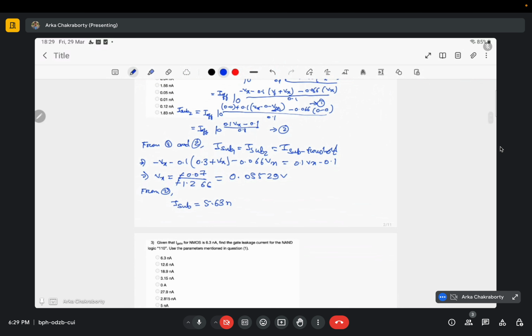So 5.63 nano into 10 to the power 0.1 into Vx is 0.05529 minus 0.1 divided by 0.1 comes as 5.63 nano into 0.113, which is equals to 0.6394 nanoampere. This is the answer.